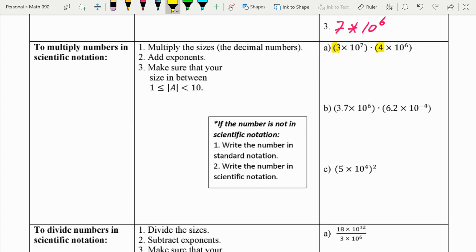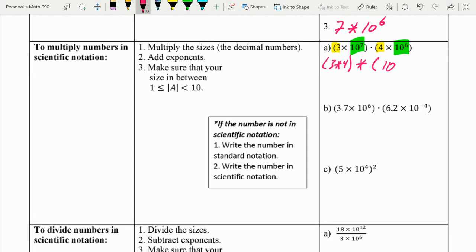You're going to take 3 times 4, group that together, times. Now let's group together what n is going to be. Now think about it. When you're multiplying and the bases are the same, 10 and 10, our base is the same.